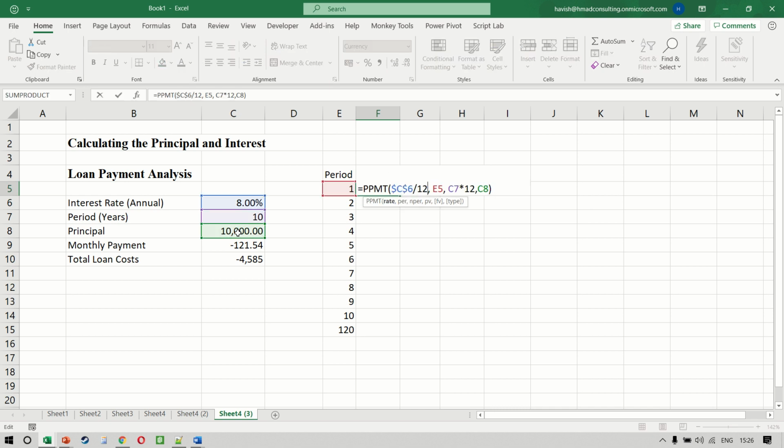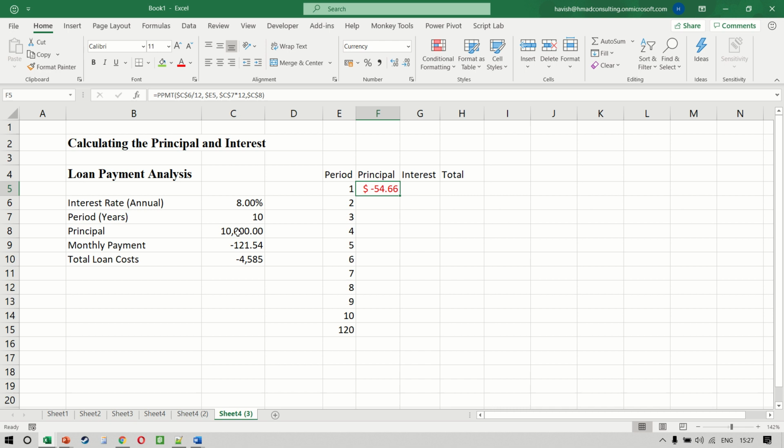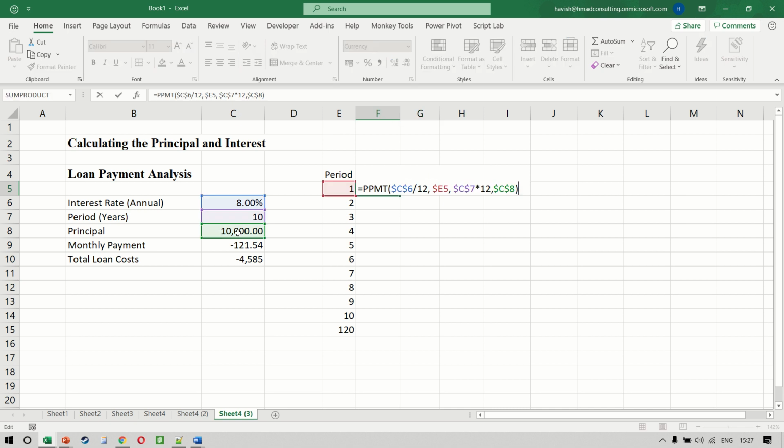Let me just put the dollar signs as well. So the principal for the first period would be 54.66.